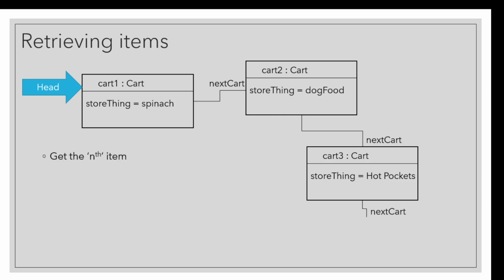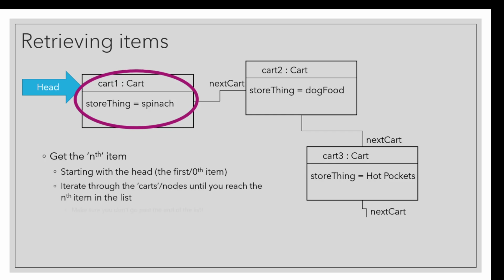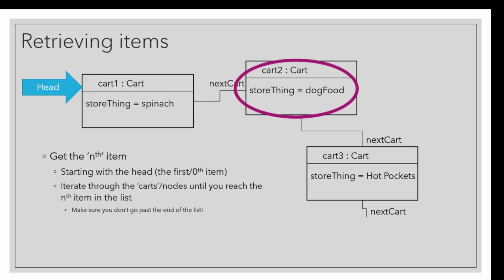So if I want to get the nth item in the list, the nth item being the second item, the ninth item, the 45th item, whatever numbered item, then I start with the head. And if n is equal to 0, I just return the head. Otherwise, I keep counting until I reach the next one on the list. So I start with the head as 0.